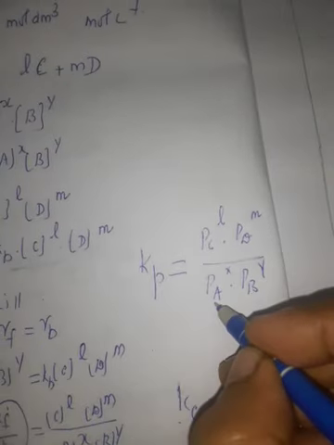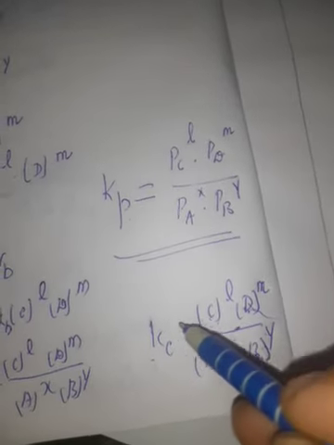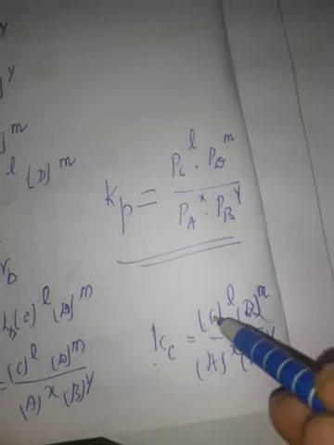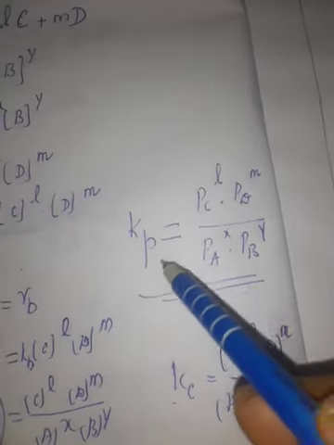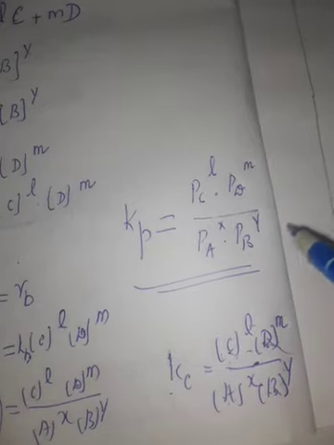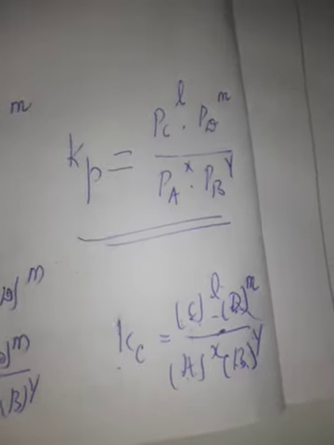P means partial pressure. So this is the case for partial pressures. This is the case for concentration, equilibrium constant. Concentration terms should be used. For partial pressures, P terms should be used. Children, everything is given clearly in your book, you can go through.